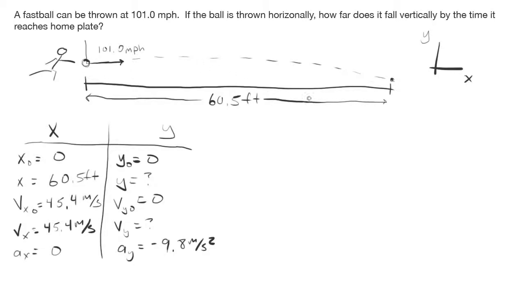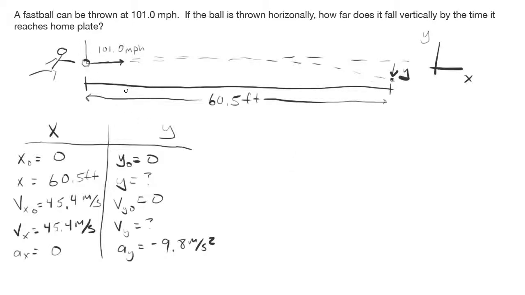So what does that mean I should expect my final y position to be? It's going to be negative, because I'm solving for this distance, which I'm calling y. That's why we want to make sure that we know what our origin is initially.